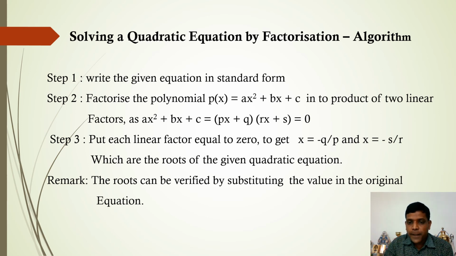In the same way, rx plus s equal to 0, rx equals minus s and x equals minus s by r. So these are the roots of the given quadratic equation. But remember one thing, children, the roots can be verified by substituting the value in the original equation.